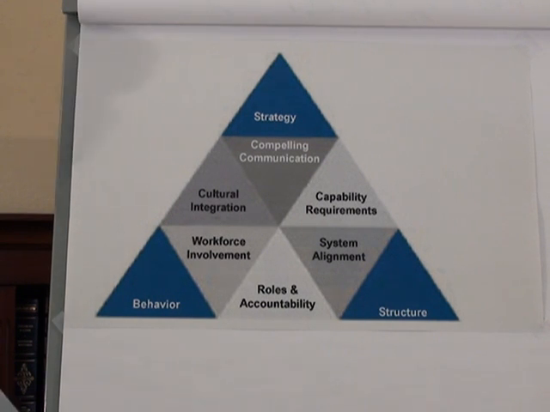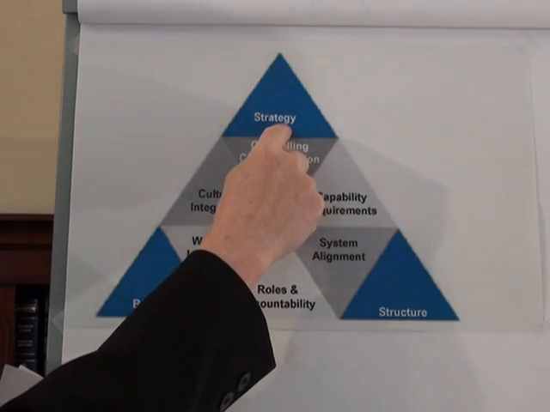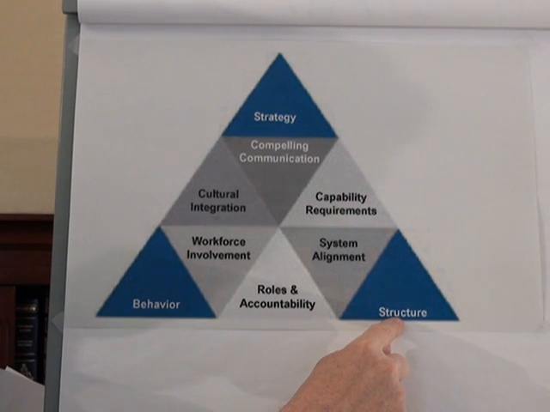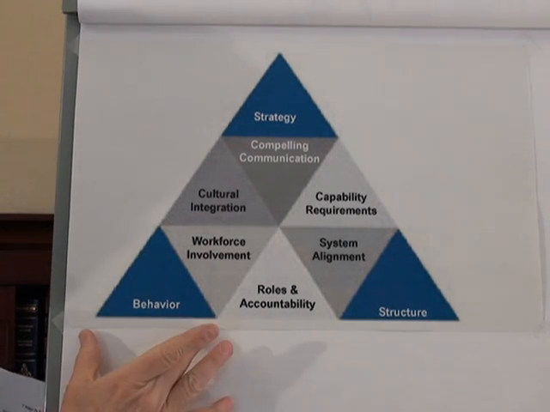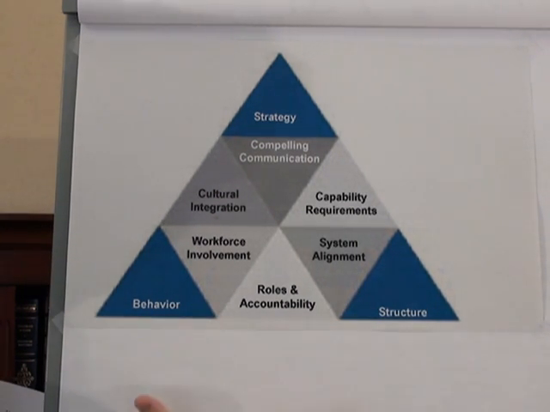Step 2 is determine which of the 3 primary organizational systems to focus on: strategy; structure, which is systems and processes and procedures; or behavior, which is the people side. Notice the soft side and the hard side, both in alignment supporting the strategy.